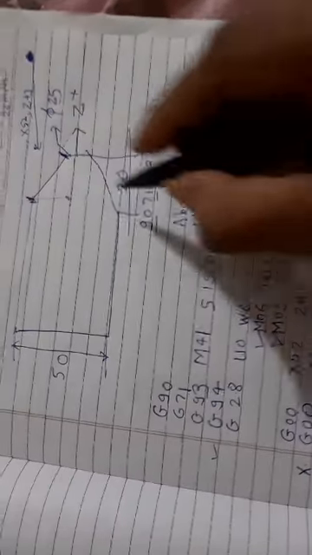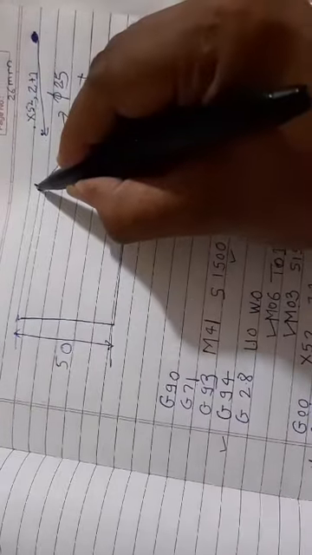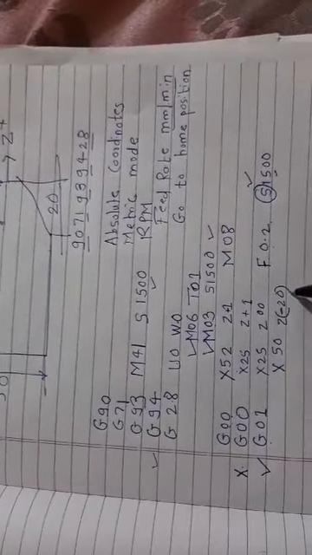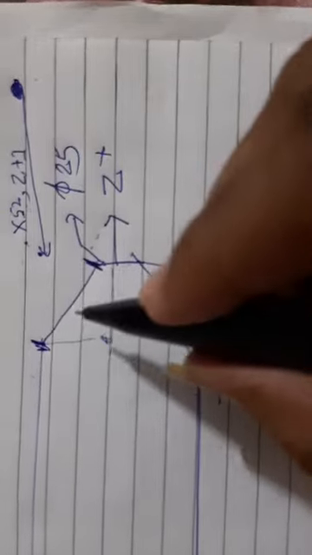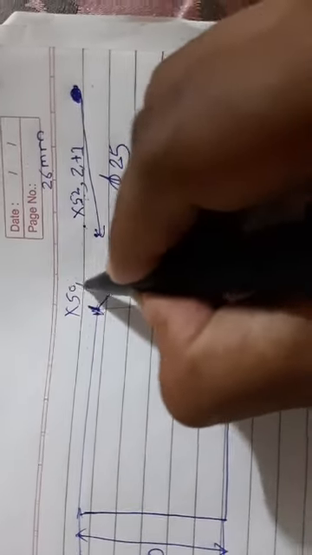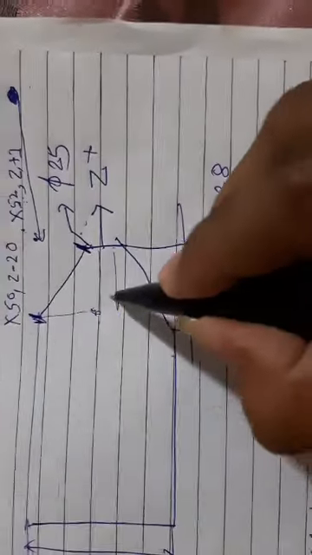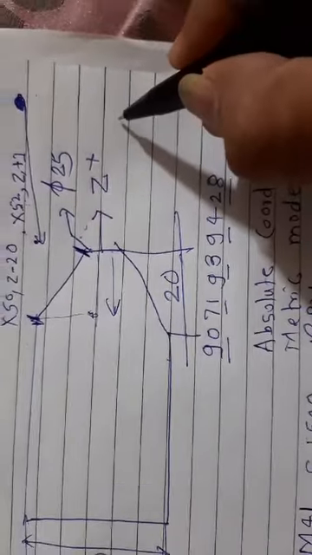This is the coordinate of this point, because z is 20 and x is 50, and here we should write minus. So this is z minus 20 and this is x 50, x 50 z minus 20. So in this direction z is minus and in this direction z is plus.